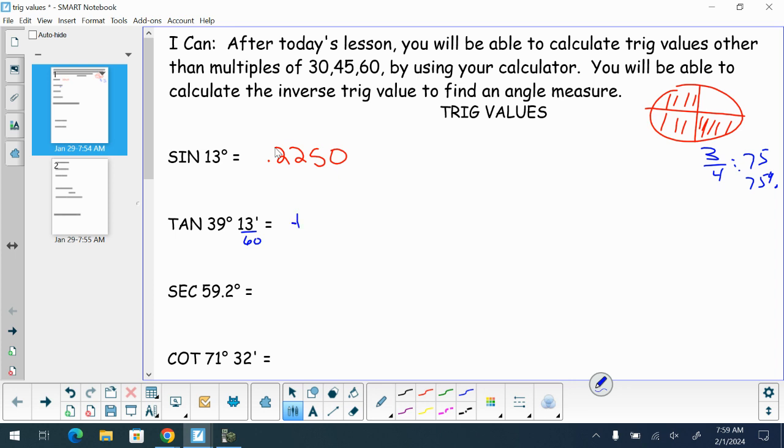So this is the tangent of 39 degrees plus 13 over 60, because we're adding. This is the part over the entire. So I can type that into my calculator as is: the tangent of 39 plus 13 divided by 60, and then close your parenthesis out.